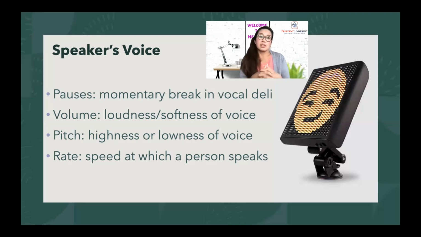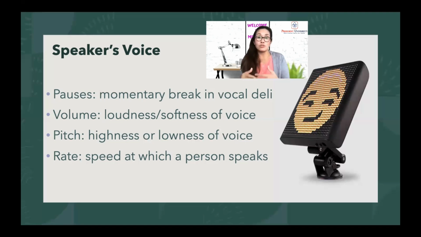Okay. And then the volume, it's about the loudness and softness of your voice. Make sure that you organize your volume in such a way that it is not going to be boring. Make sure that people in front and people in the back are going to be able to hear your voice clearly. Then pitch is related to the highness and lowness of your voice.